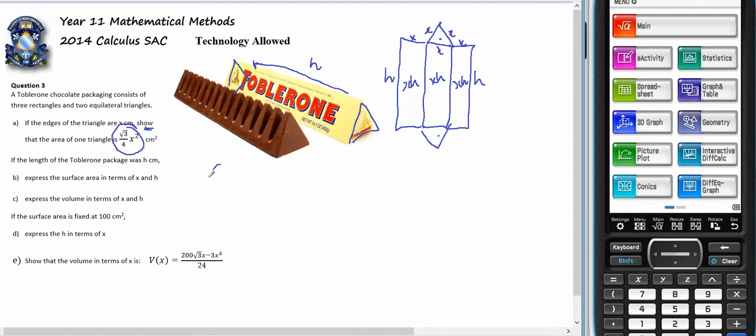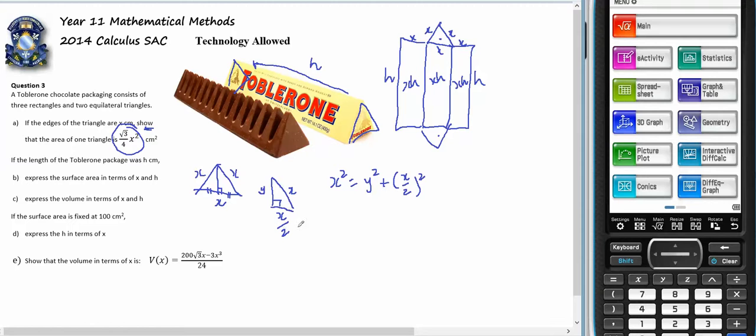If I have an equilateral triangle, they're all X. If I put a perpendicular down here, then this is the same as this, which means they're X on 2. So this is X on 2 and this is X, and I don't know what this is. I'll call it Y for the moment. Because I have a right angle triangle, Pythagoras' theorem tells me the hypotenuse squared equals the sum of the squares of the other 2 sides.